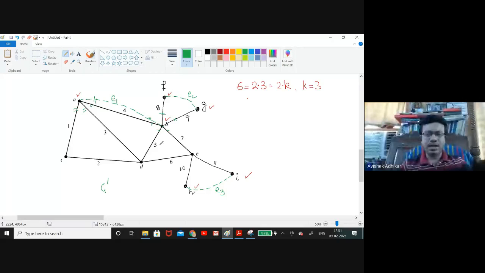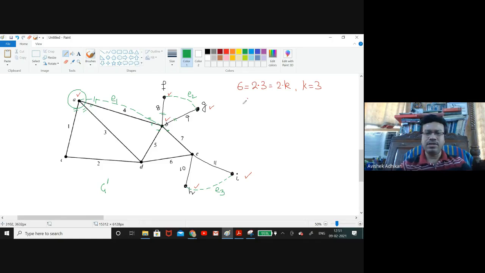So just now I mentioned this result that since each vertex is of even degree, it must be an Eulerian graph. So it must contain an Eulerian line. That means you must have a trail which starts from here and ends up here, exhausting all the edges exactly once.